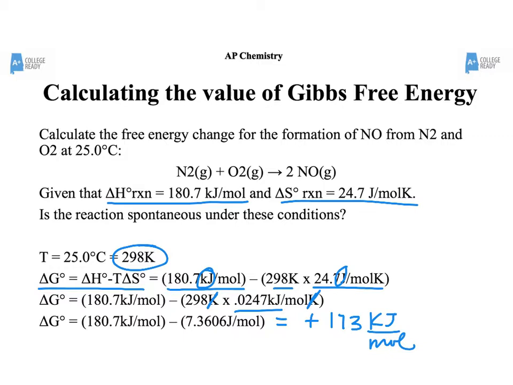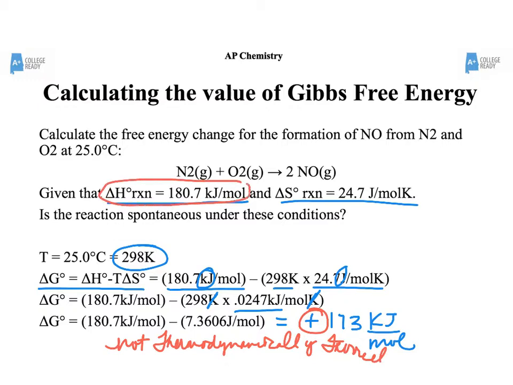We got a positive delta G, and that tells us, because we got a positive delta G, this is not thermodynamically favored. Why? What was the problem? Well, look what happened. We had an endothermic reaction that, according to the delta S, is getting more disorderly, but this overruled this.